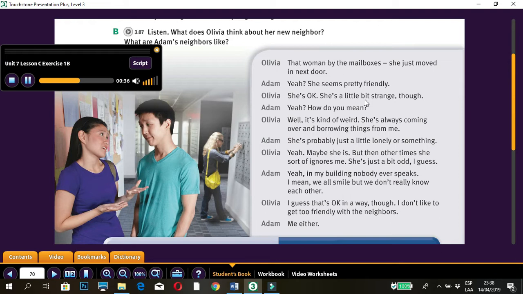Well, it's kind of weird. She's always coming over and borrowing things from me. She's probably just a little lonely or something. Yeah, maybe she is. But then other times she sort of ignores me. She's just a bit odd, I guess. Yeah. In my building, nobody ever speaks. I mean, we all smile, but we don't really know each other. I guess that's okay in a way, though. I don't like to get too friendly with the neighbors. Me either.